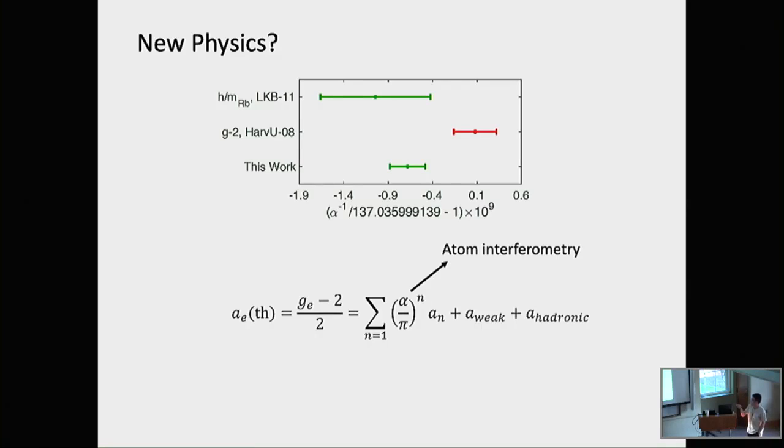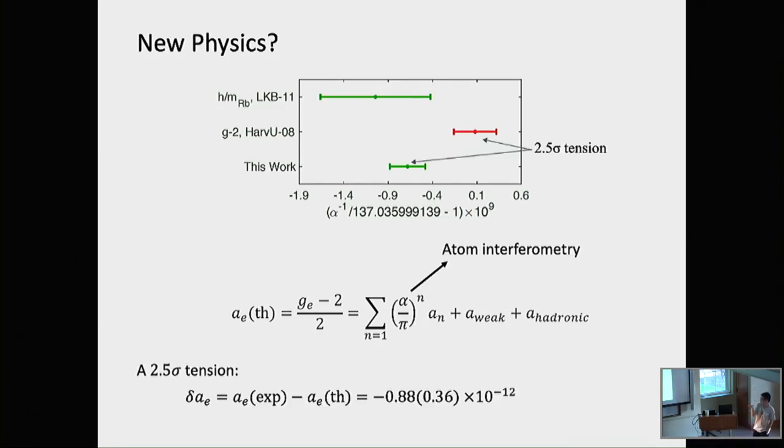If we use our alpha measurement as an input to theoretically predict the electron gyromagnetic anomaly, and then compare it to the experimentally measured one, we have a difference of about 2.5 sigma tension. 2.5 sigma tension is not large enough that we can claim we discovered new physics, but it's not small. So we want to understand what's going on.